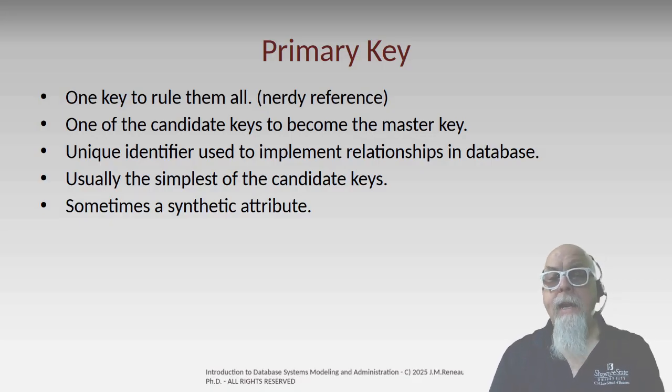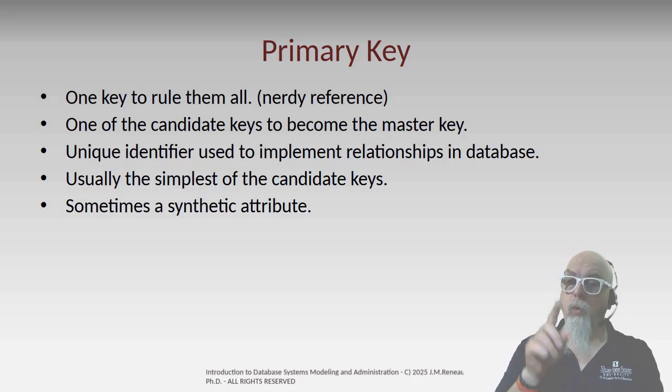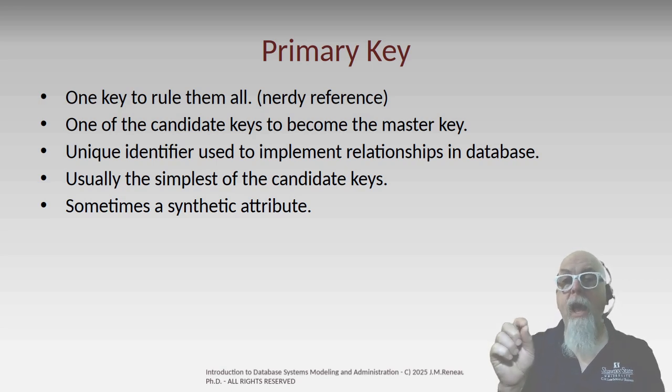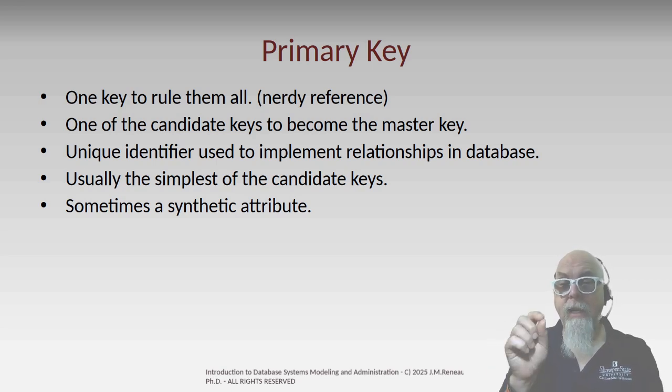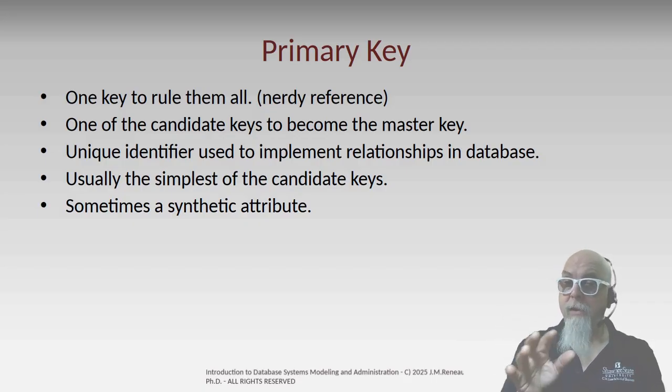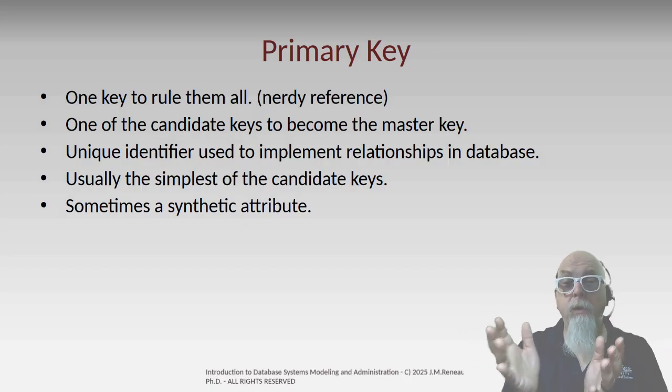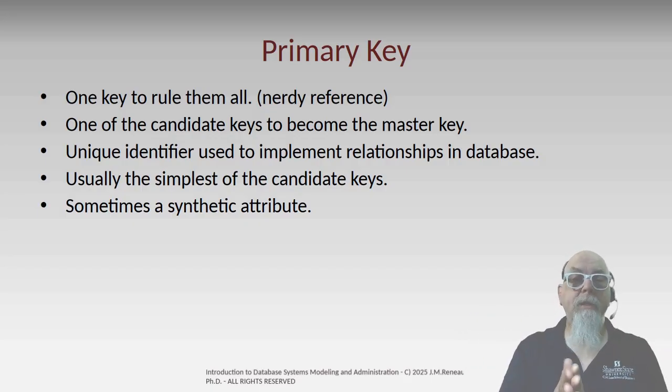From the list of candidate keys, we're going to choose one key, one attribute or combination of attributes to be the primary key. It uniquely identifies this instance of an entity, and we're going to use that in other entities to connect our entities together to make our data relational and to really model real world situations.